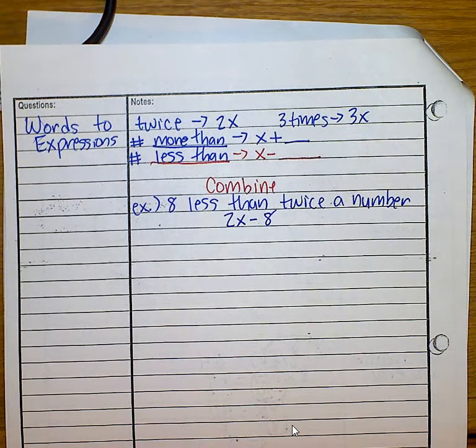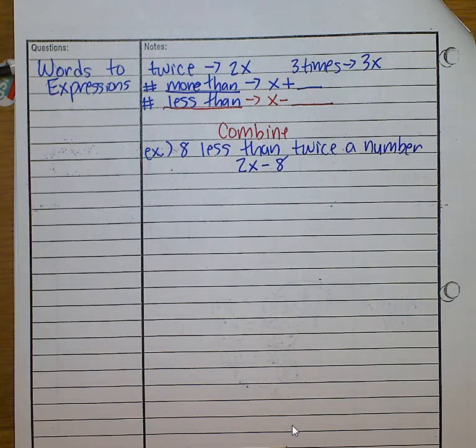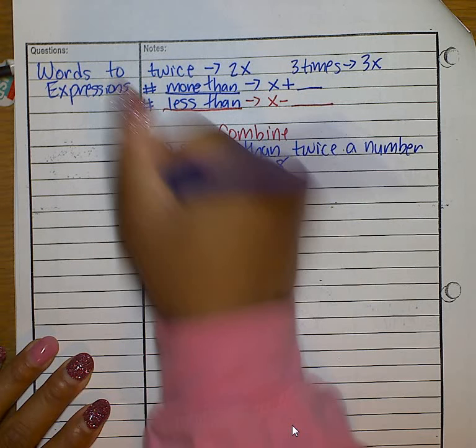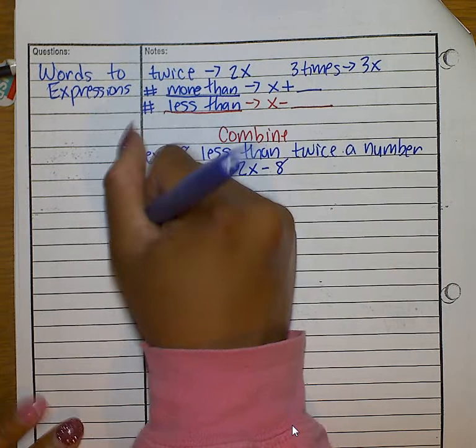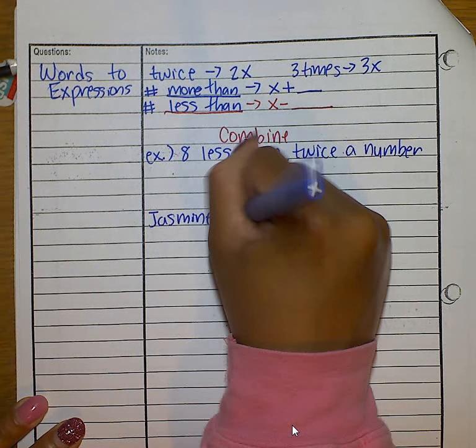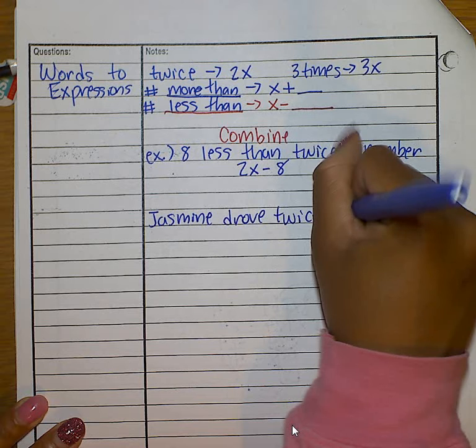So there are several different types of problems that you'll see like this. These are just a couple examples that you'll see on the following page. Now let's try one large word problem and figure out how we solve this without using the 5D process. So the word problem we have is: Jasmine drove twice as far as Erica.